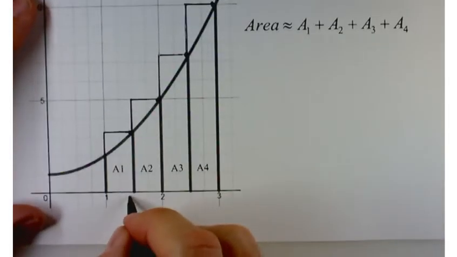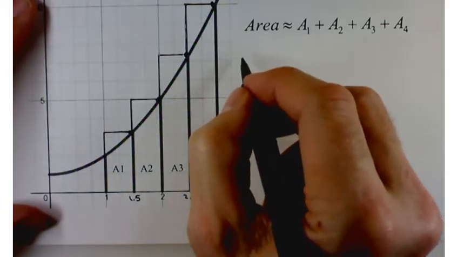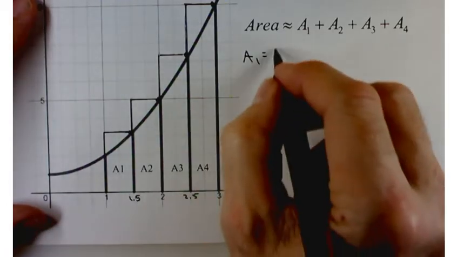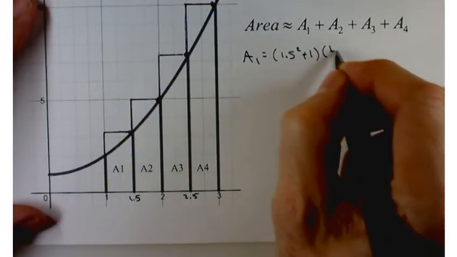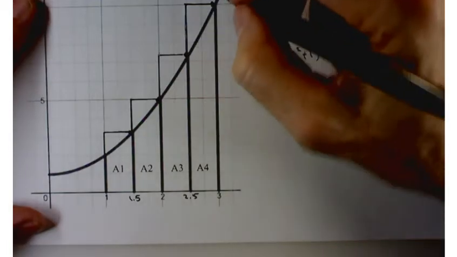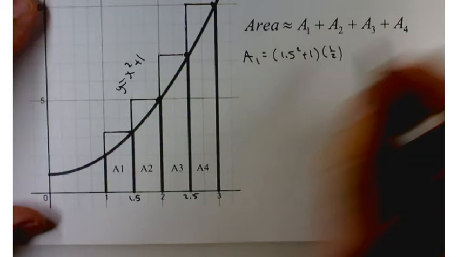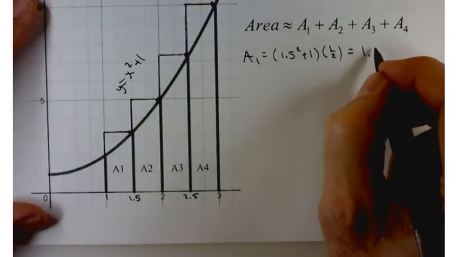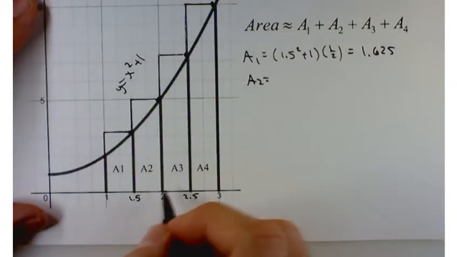Still working with the same intervals here. The area of the first one, a sub 1, is going to be 1.5 squared plus 1 times 1/2. And this is the same curve as before, y equals x squared plus 1. We know that from the first part of this, that's going to be 1.625. What expression should I put in for a sub 2?